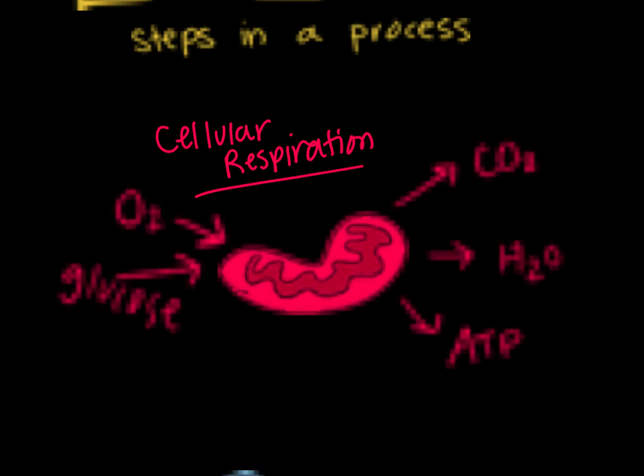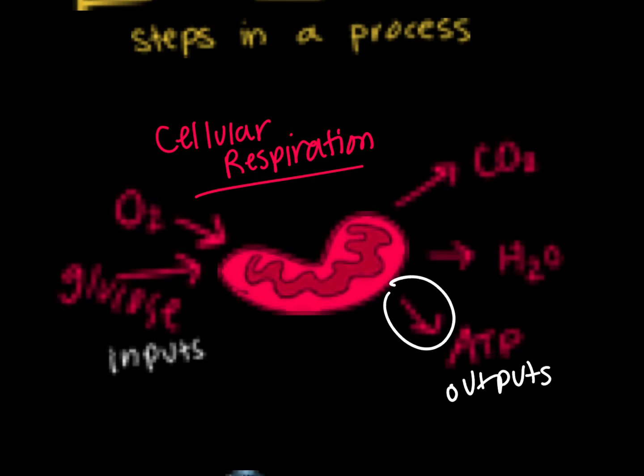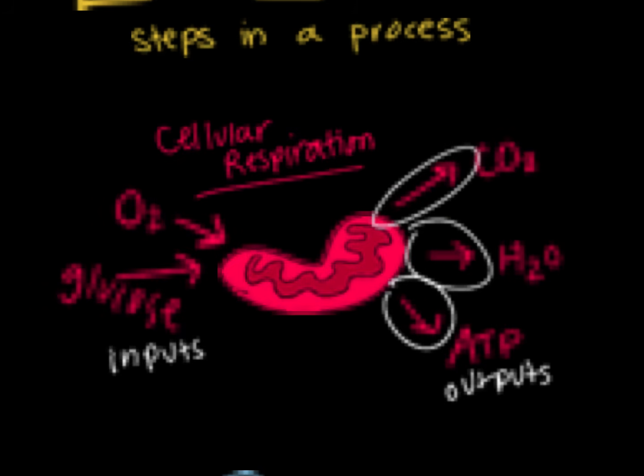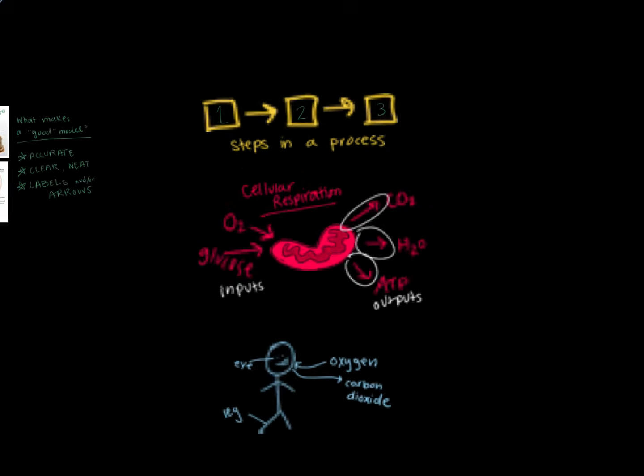These arrows on this side are showing us the inputs, glucose and oxygen, and then over here we have the outputs. These are the things that are getting produced. They're literally, the arrows show that ATP would be leaving, water would be leaving, carbon dioxide would be leaving. And so we can see that those are the outputs just from this model.